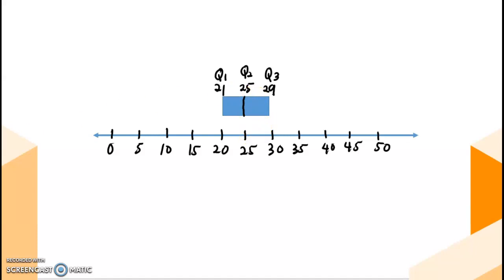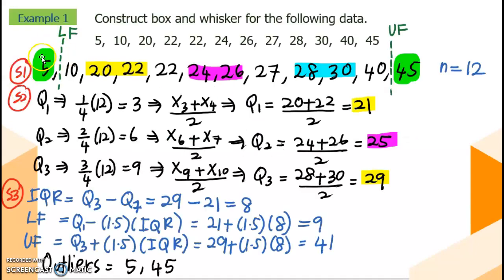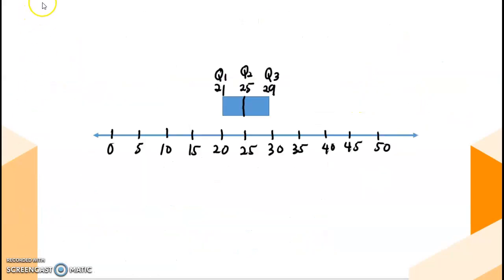And then we are going to plot our whisker. Look here, we have outliers, so our whisker will be at 10 on the left and 40 on the right.